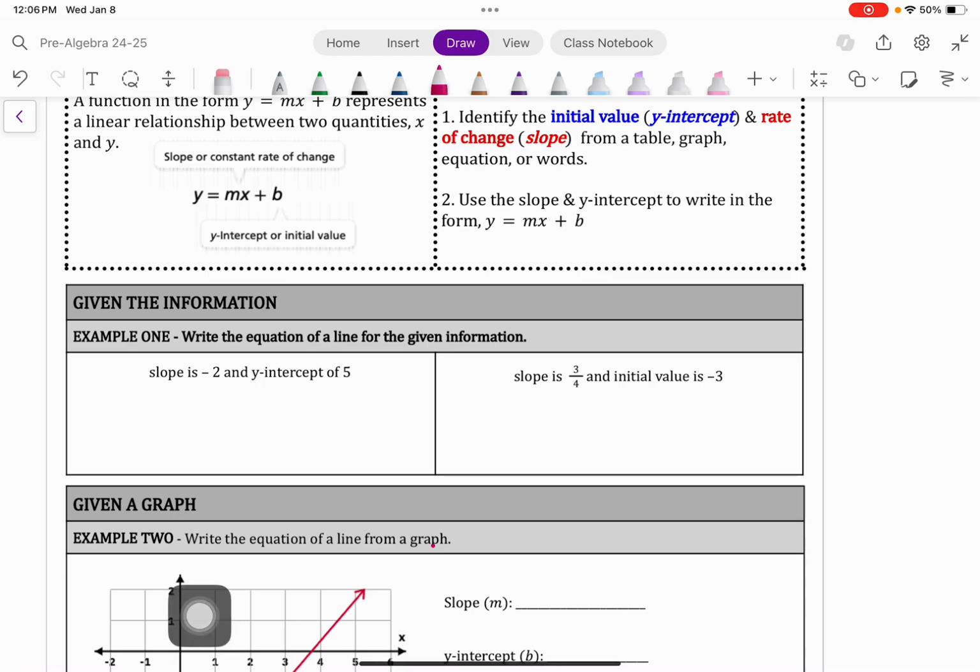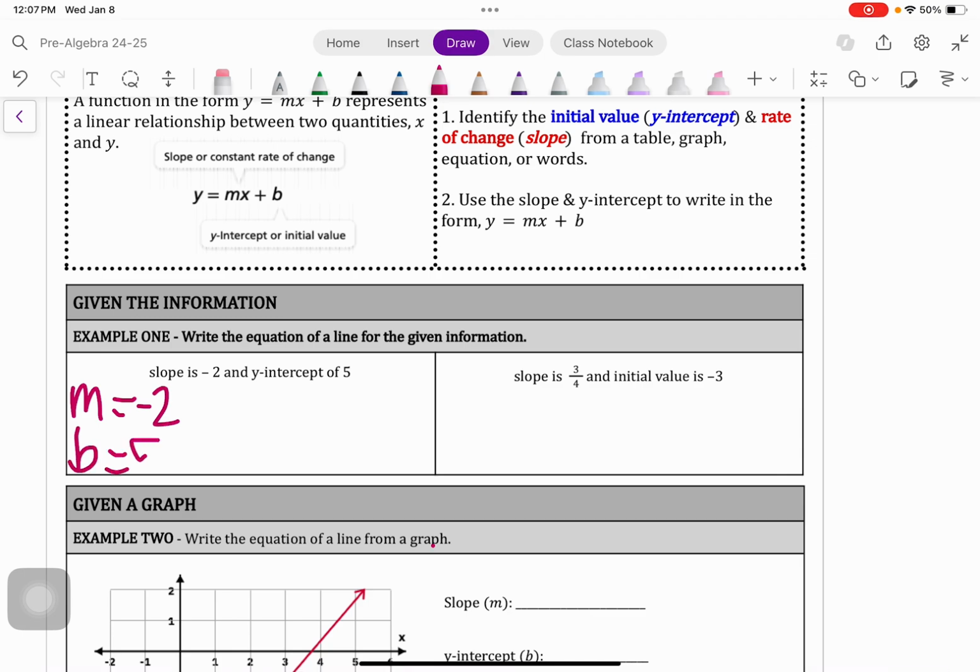In example 1, it says write the equation of the line for the given information. The slope is -2 and the y-intercept is 5. Please forgive me, my Apple Pencil will not connect, so we're doing it with my finger.